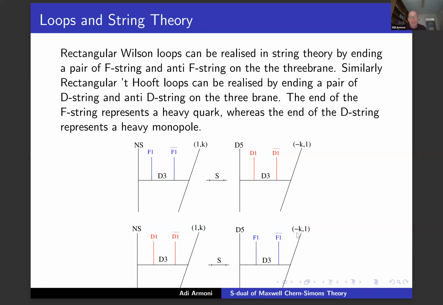Similarly, in the bottom left cartoon, what happens if I put D1, D1 bar in the electric theory, and what happens to it in the magnetic theory? In the magnetic theory, it will be F1, F1 bar, and that's the bottom right cartoon. So let's discuss this object. Let's ask what happens if we start with a magnetic loop in the electric theory, which maps to some sort of an electric loop in the magnetic theory.